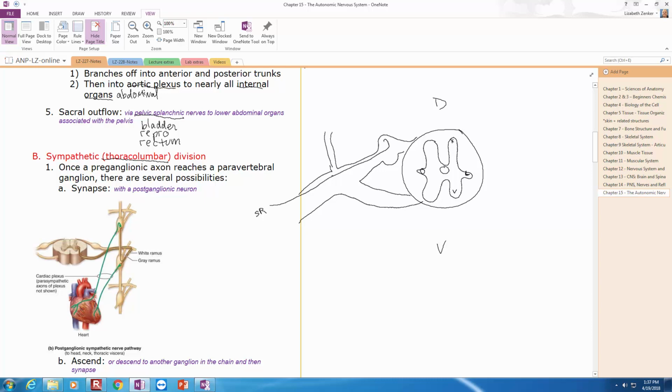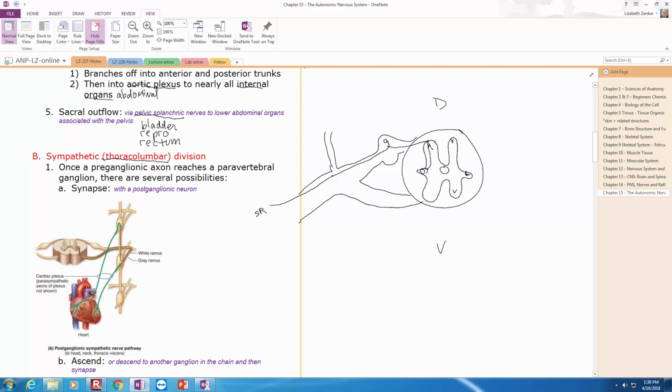Here is your dorsal root ganglion, there is your unipolar, so no synapses occurring there, and then he continues to the dorsal horn where he would have maybe synapsed with an interneuron. In this case, if we didn't synapse there, maybe we go right to this guy down here, and we would synapse with him maybe, okay?